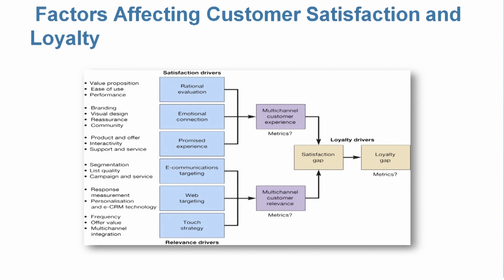This is a diagram which you can study in good depth, and you can see that at every stage, whether evaluation stage, connecting with the prospect stage, building up the promised experience stage, the targeted communication stage, finally the targeting and touch point stage, everywhere we can have this flow from the left to the right to achieve on these various counts ultimately satisfaction and loyalty.